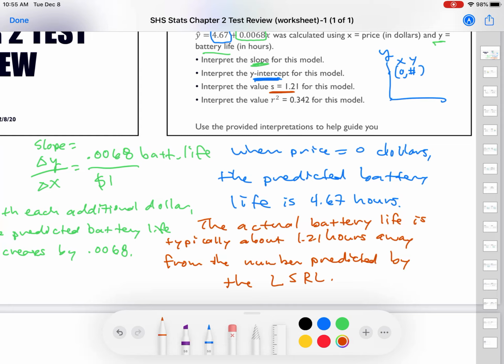If I have this line here, then the standard deviation of the residuals is either above or below. All right, what's the last one?